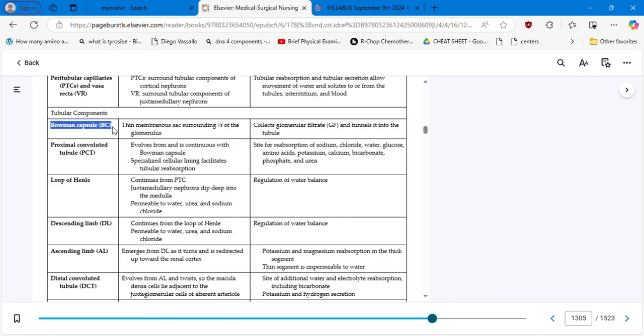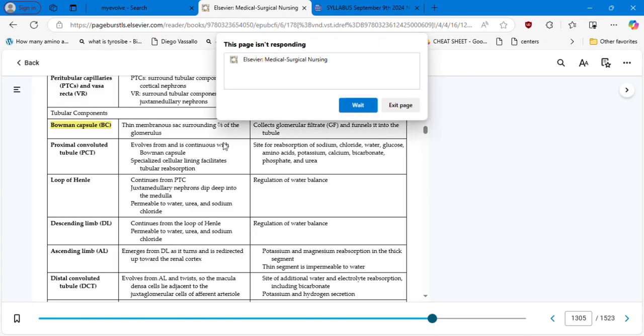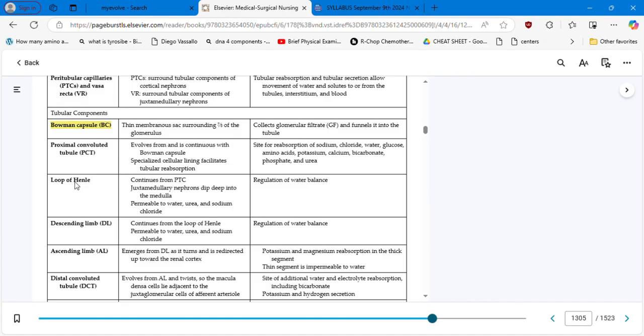And also the loop of Henle. The way I remember the loop of Henle is L is low, H is high. So it's a structure with a tube that goes to the lowest part, and then H is high, so it goes low and high. That's how I remember the loop of Henle.